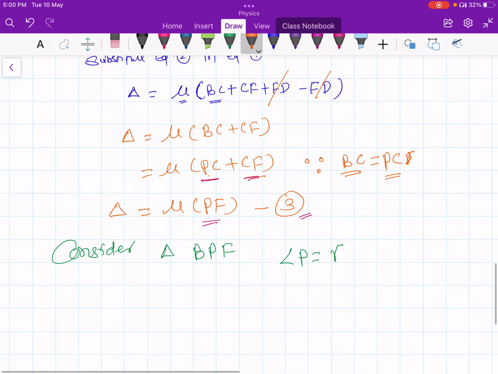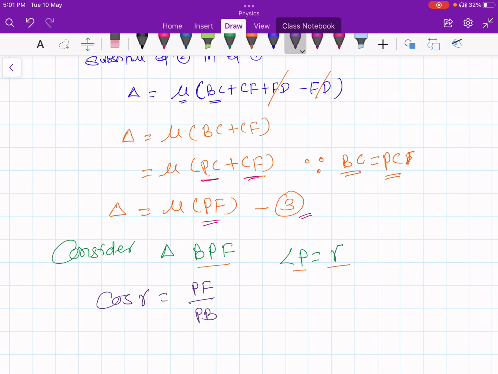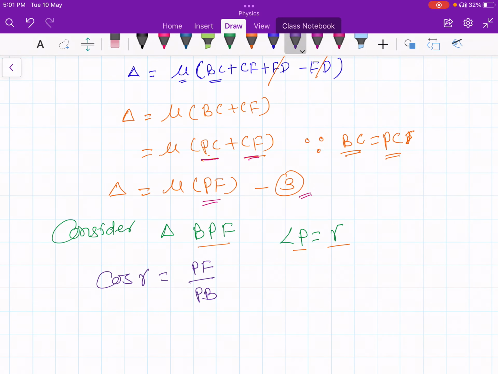In the triangle BPF, angle P is r, and therefore cos r is equal to PF upon PB. But this PB is 2t, and therefore PF is equal to 2t cos r. This is equation 4.